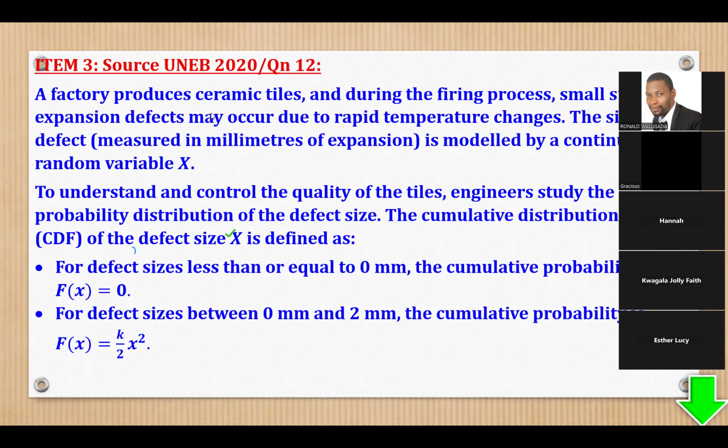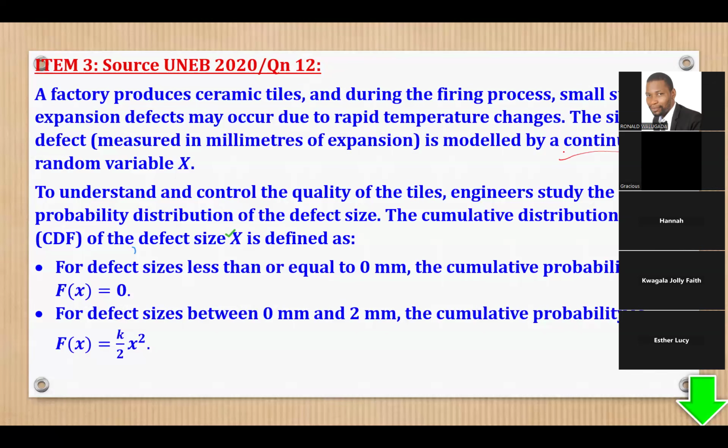The size of the defect, measured in millimeters of expansion, is modeled by a continuous random variable X. Do you see this word continuous? It is no longer discrete. That's one thing you should know.